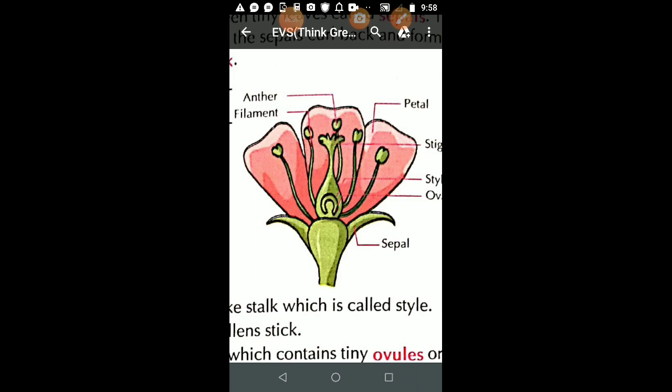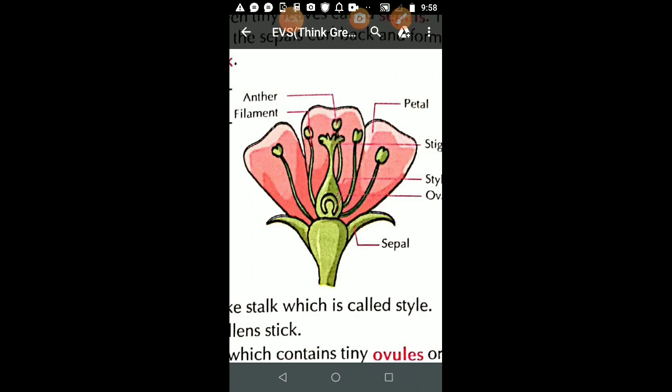I repeat it: if a pollen is transferred from the anther of a flower to the stigma of the same flower, it is known as self pollination.